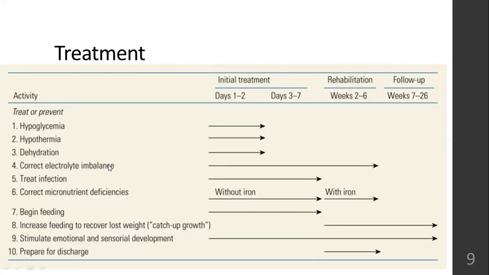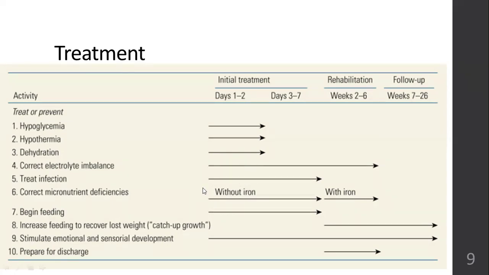After the child is discharged from ICU and is in the regular ward, micronutrient deficiencies can be corrected. Here you can notice that when the child is undergoing treatment in the ICU, you are not focused on iron, because if the child is severely anemic, we have the option of blood transfusion.